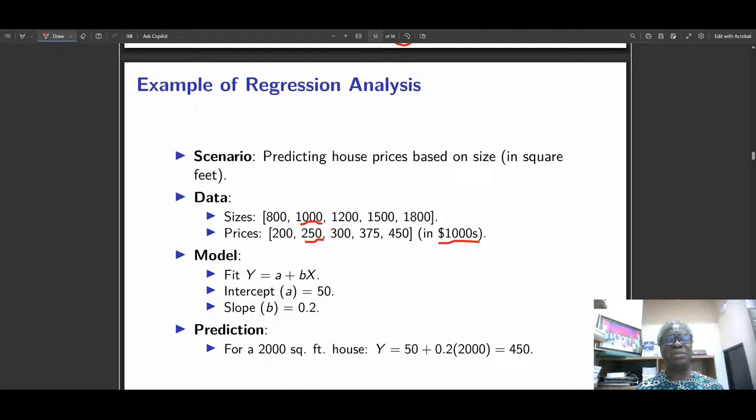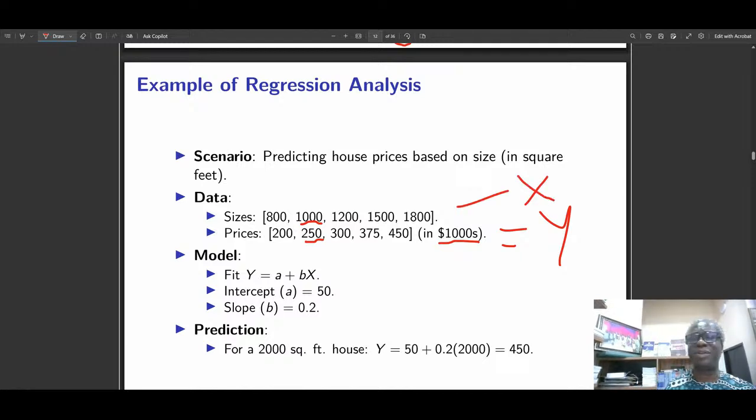The price in this case is y, and then the size is x.